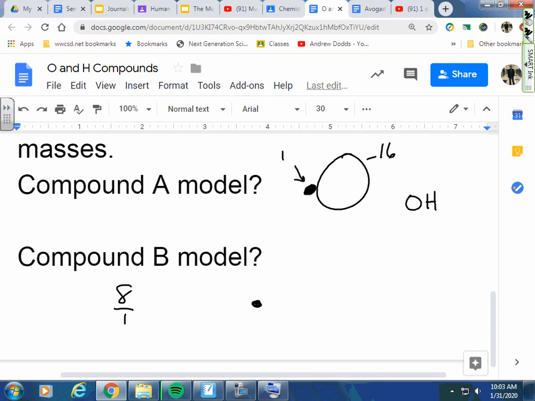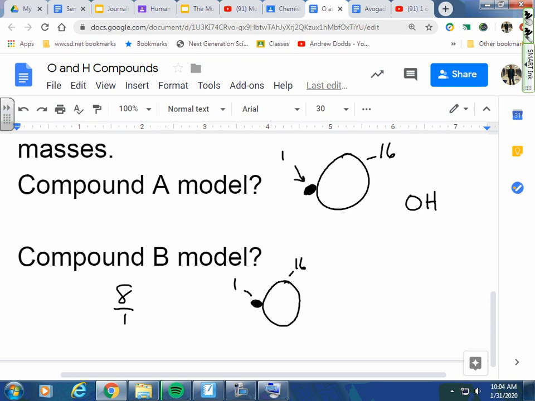So if I have this, and I have this, keeping the masses the same again. I chose my own model. Is there any way that I could alter this model so that it becomes an 8-to-1 ratio? Any ideas how to alter this?